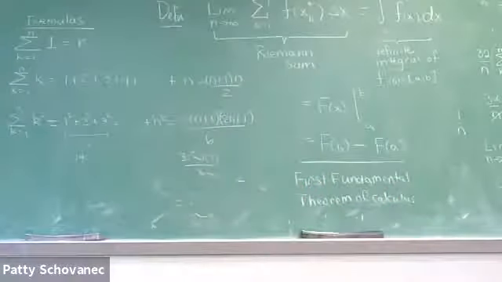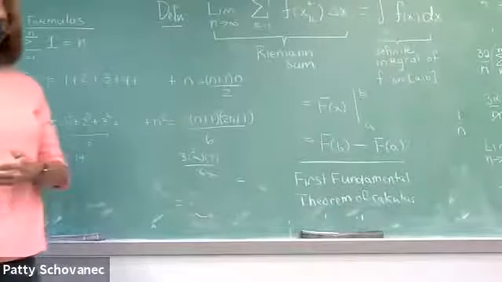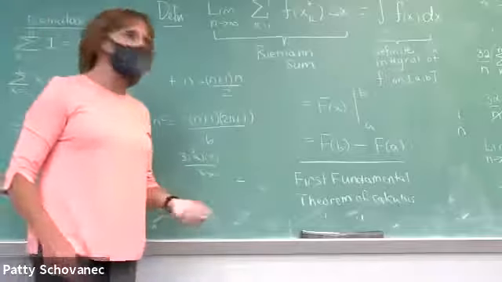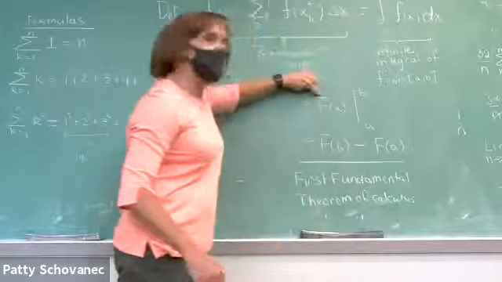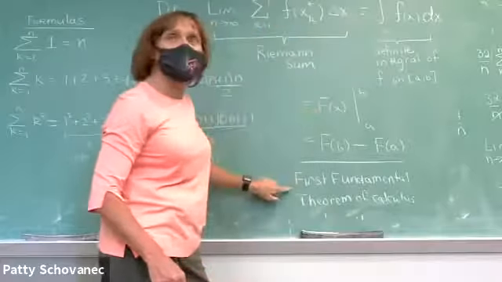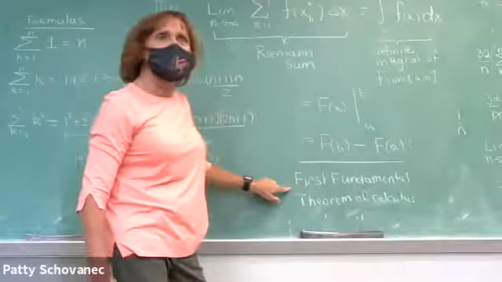First fundamental theorem of calculus gives us the connection between a derivative and an antiderivative. The derivative of this is that, the antiderivative of this is that, and it can be interpreted as area under the curve when our function is positive.